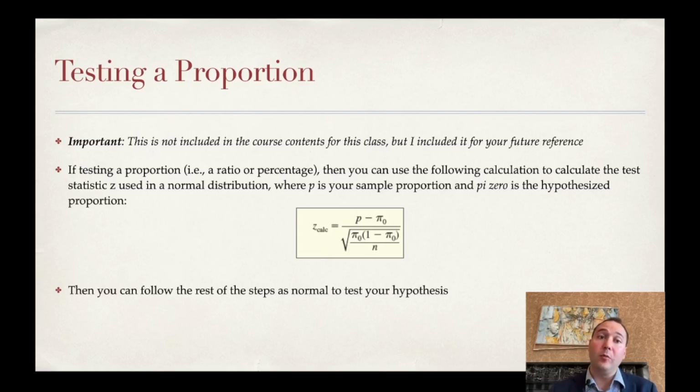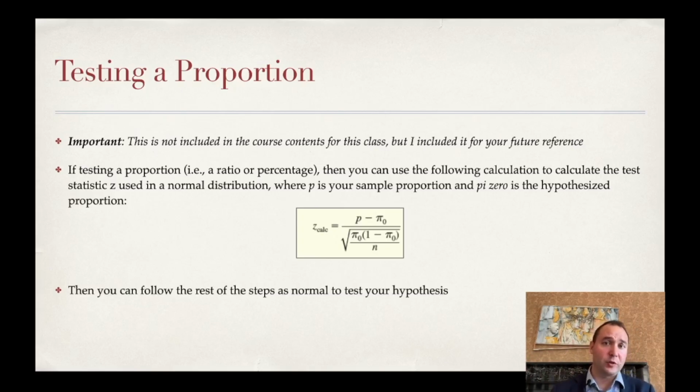Okay, let me make one more note here. It is not proper to use the student's t-distribution nor the normal distribution when testing a proportion. A proportion is a little bit different. Why? Because your proportion cannot be more than 100%, nor can it be less than 0.